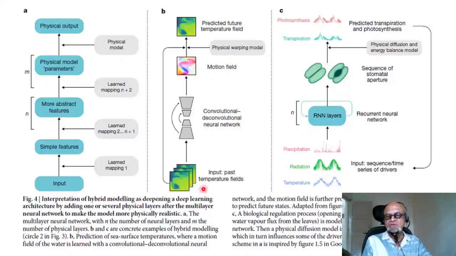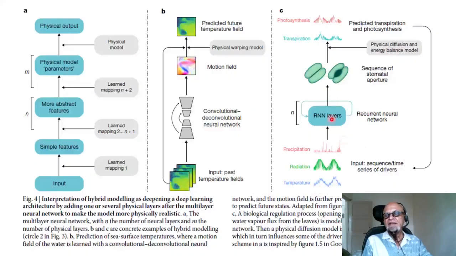Here only temperature was involved. You have multiple inputs. You can't easily see the relation between them in simple statistical models, and then they go into a physical model, energy balance diffusion model, and then they produce an output based on some empirical relation between these that you have used.